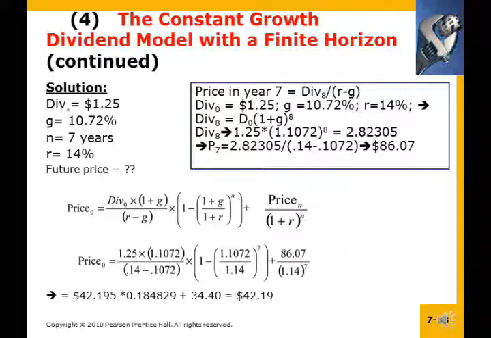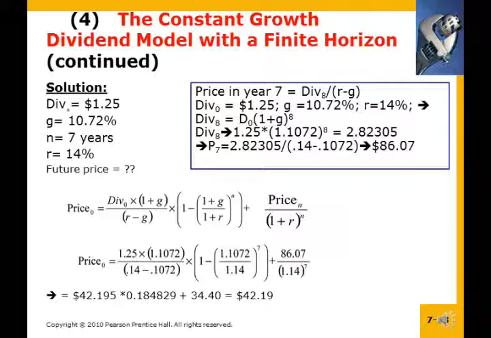You have to use the general rule in the third model, which is price T equal dividend T plus 1 divided by R minus G. Price T here, T equal to 7. So price 7 will be equal to dividend 8 divided by R minus G. The question here, do you have dividend 8?